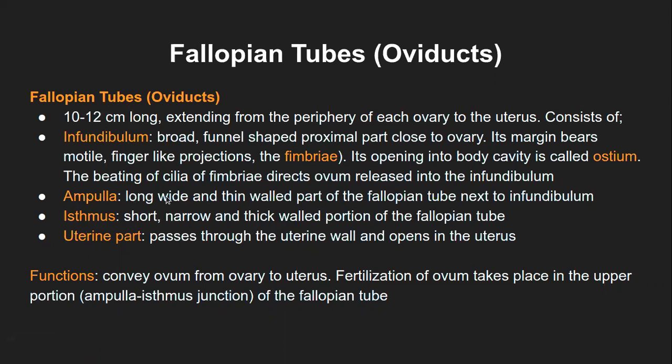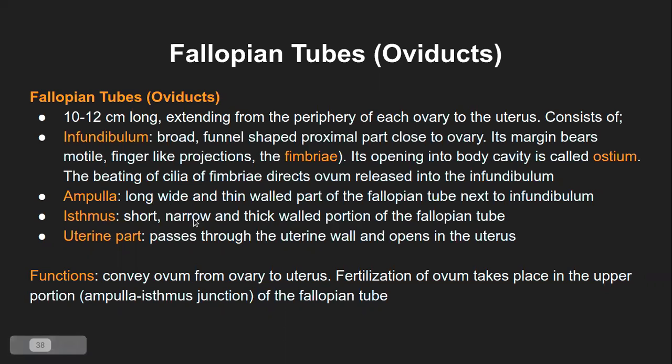There are reasons for this: fertilization happens at this junction, as we'll see further, so it has to be ready for accepting the sperm. The thin and thick walls also allow easier movement through the passage of the fallopian tube.